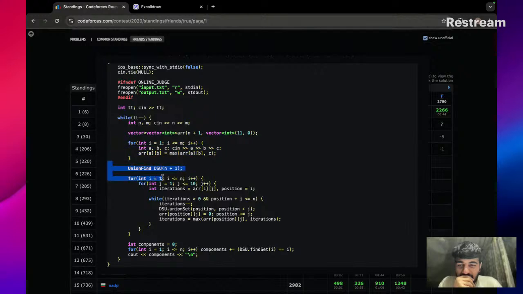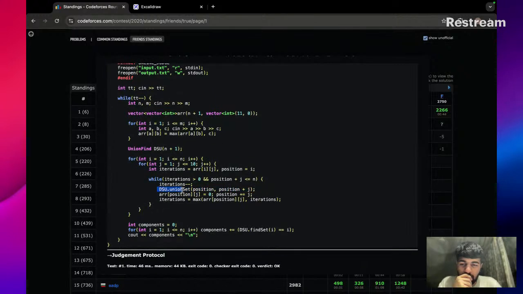ARR. DSU, and iterations, ARR of I J. While iterations, okay, so he's just going through the iterations. Oh, okay.